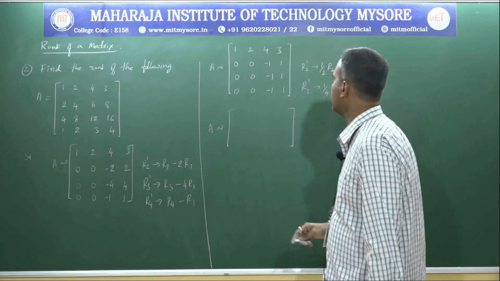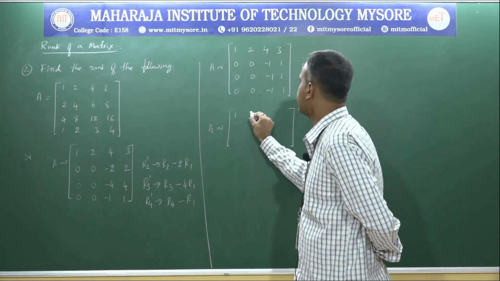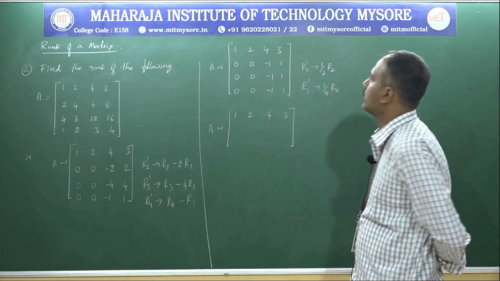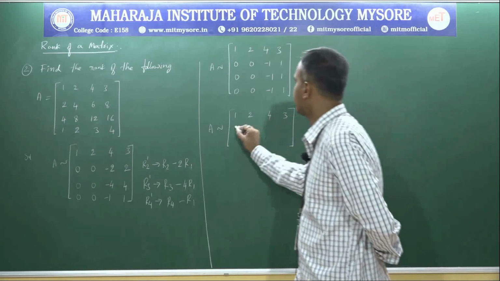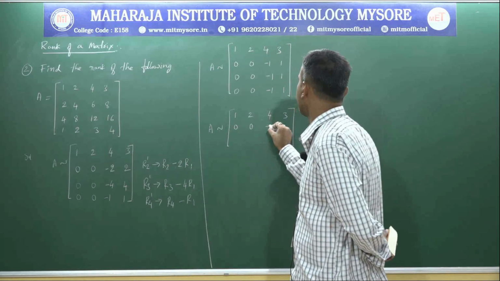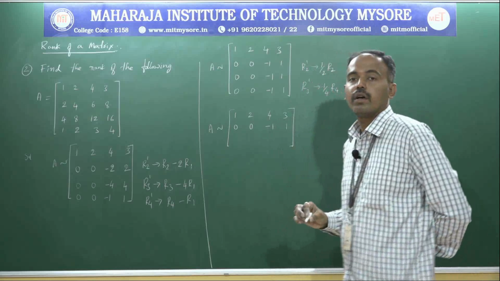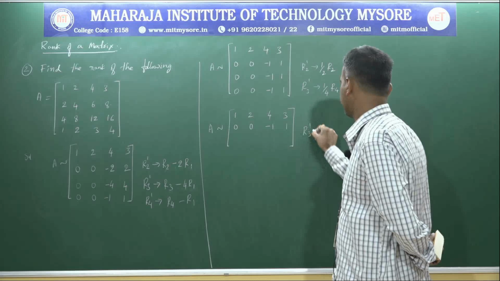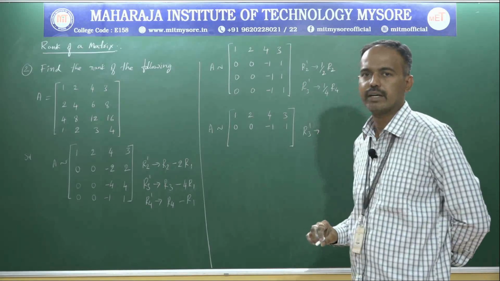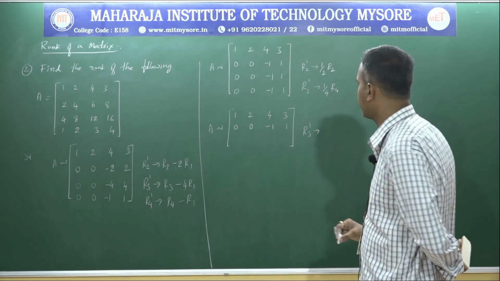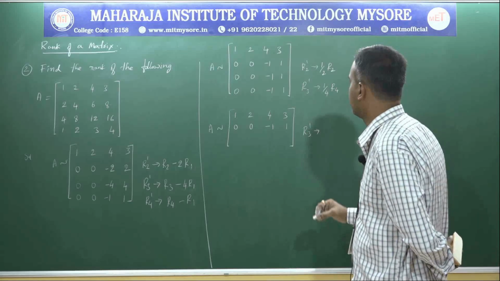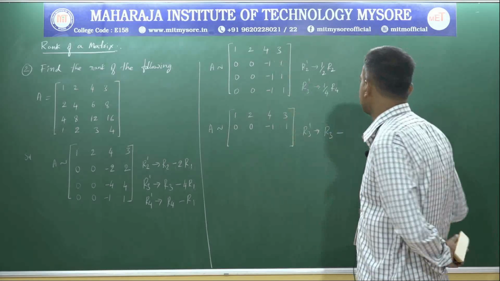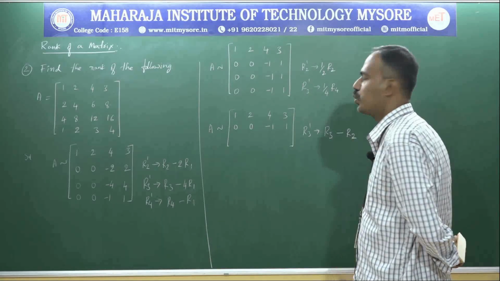a way that the first row has no changes, keeping the second row also with no changes. Now we can specify in the same form, minus 1, 1 here. Now the next one, we can consider R3 dash, which means row 3 dash, row 3 minus row 2.